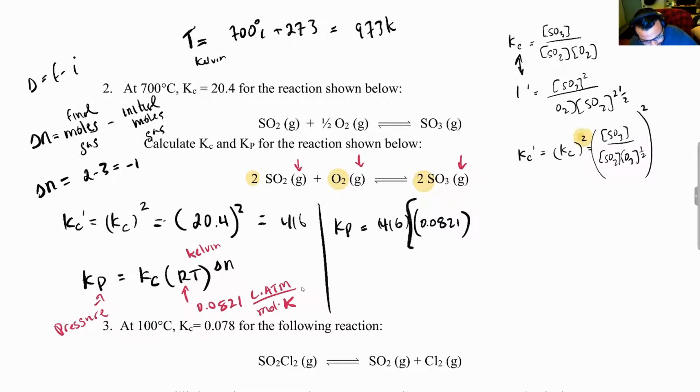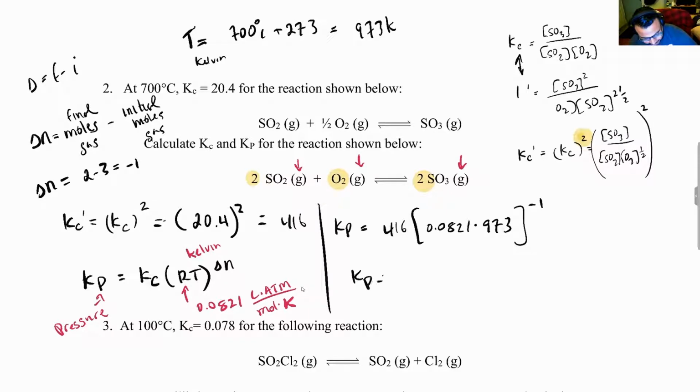Make sure that you are very careful with this in your calculator. I'll write it the way you should write it in your calculator. So that's 416, and then I do a big bracket here, and then I multiply R, 0.0821, multiplied by temperature, which was 973 Kelvin, all raised to the -1 power, because that's our value of delta N.